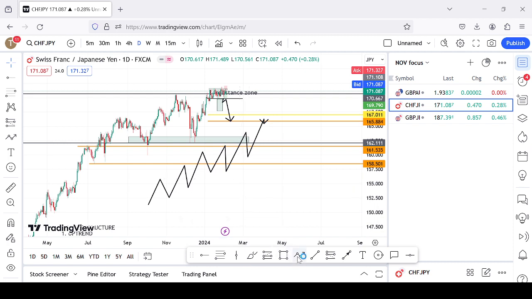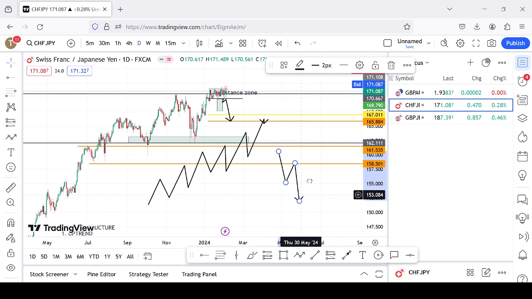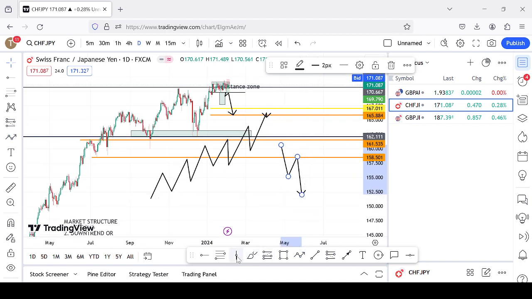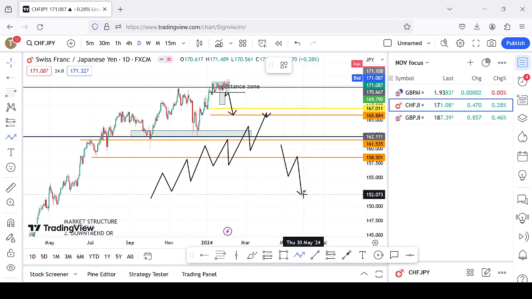Another structure now is the downtrend. In a downtrend, the market starts up here, comes down, goes up, forms another small high, breaks the low, goes up again to this area, then comes down, goes up, comes down.